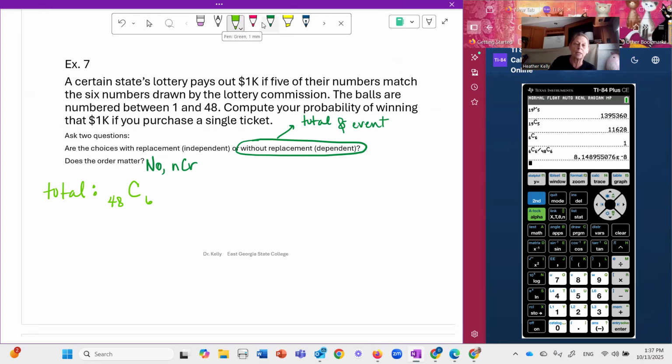But what is going to change now is the event.